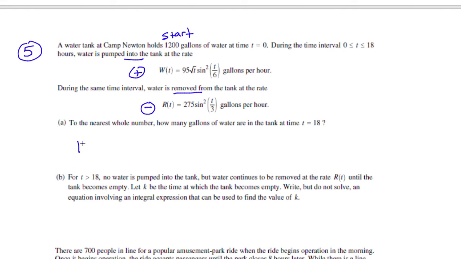So I'm going to do 1,200 plus the change. So start plus change. The change from 0, because time is 0 from the start, to time is equal to 18 of the positive rate. So I'm going to say capital W of t minus the negative rate, minus a capital R of t, all of that thing dt.